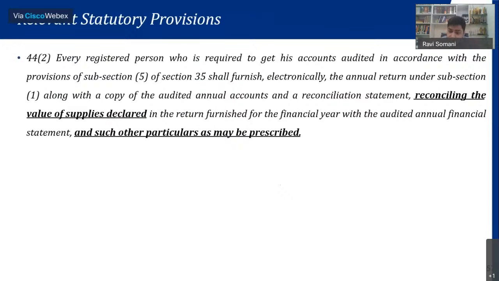Government is asking whether the assessee has maintained the books of accounts, documents and records. That is also specifically asked in Part B. So if you see, Part A is reconciling the values of supplies declared, yes, but it is Part B which is expanding the scope, where it says other particulars as may be prescribed.